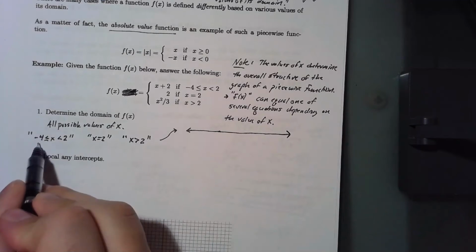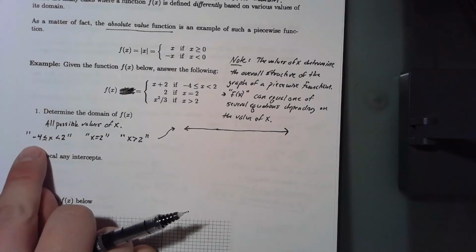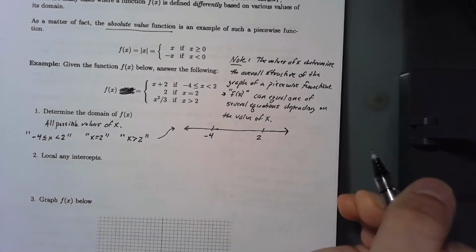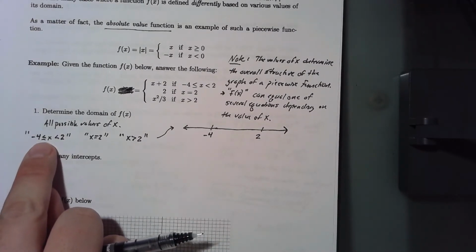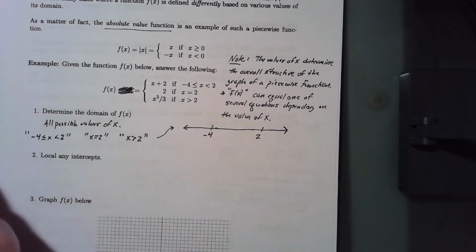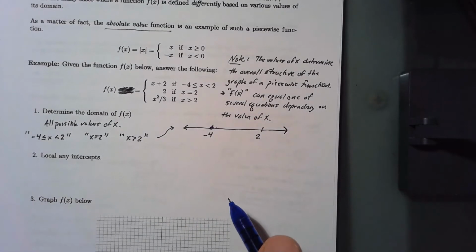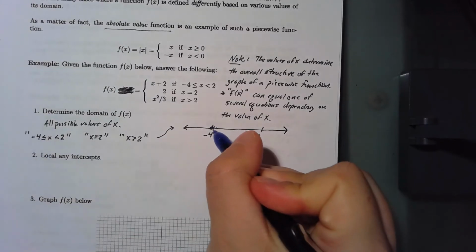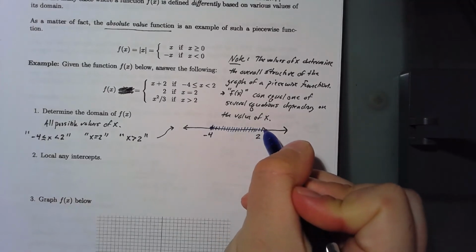My breakpoints, the values that break up each piece, are -4 and 2. So let me include them on my number line. Let me sketch this one first. x is greater than or equal to -4 but less than 2. I'm including -4, so I'm going to have a solid dot at -4, and x is going to be everything between -4 and 2.